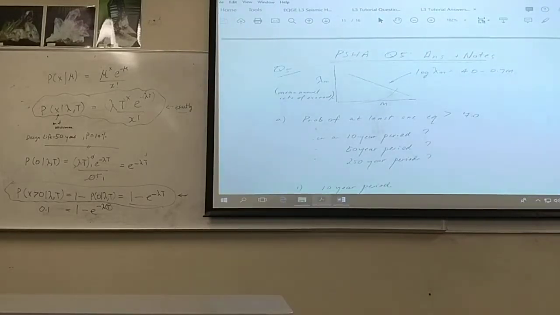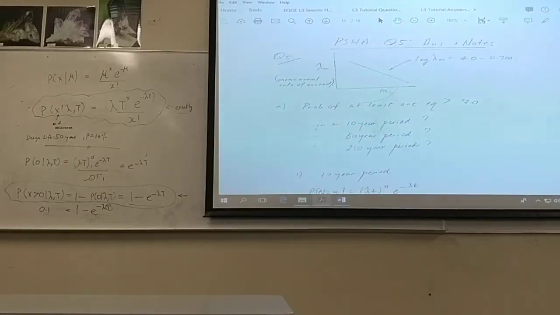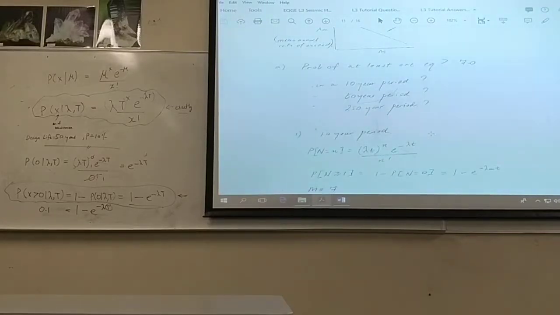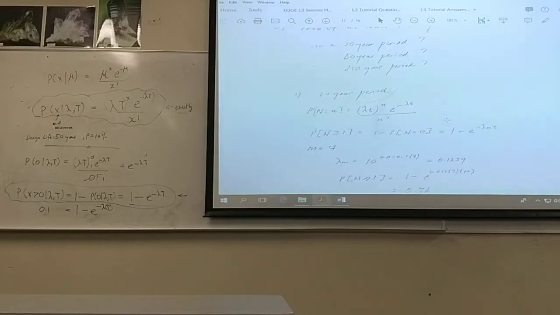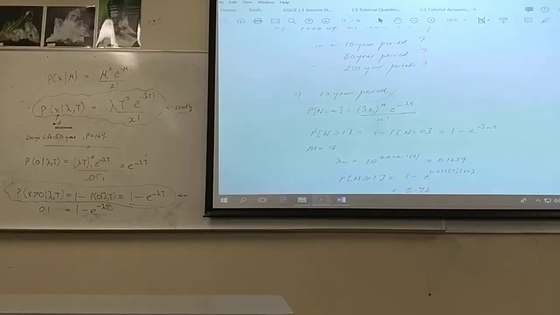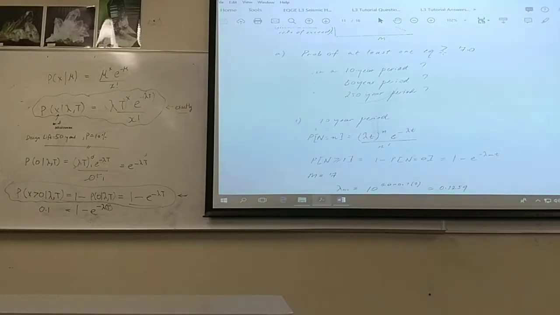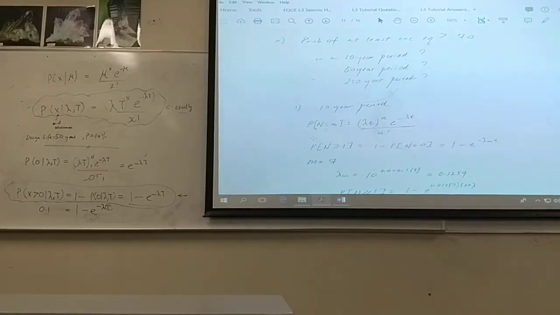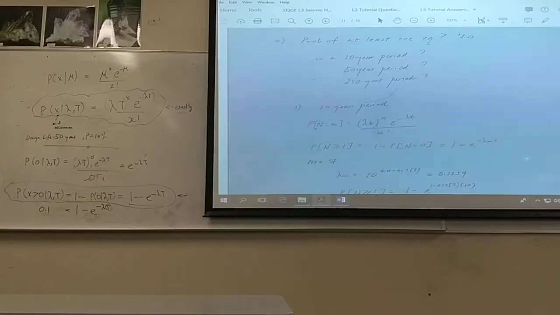We've got that Gutenberg-Richter relationship. Probability of at least one earthquake greater than 7 in a 10-year period, 50-year period, 250-year period. In a 10-year period, remember we take the form of the equation for at least one earthquake greater than 7. We come up with this form of the equation.